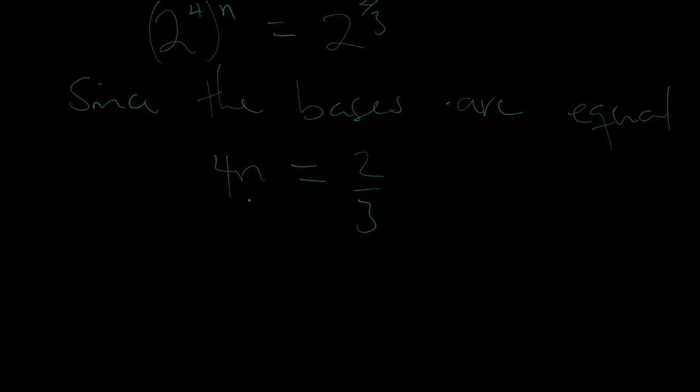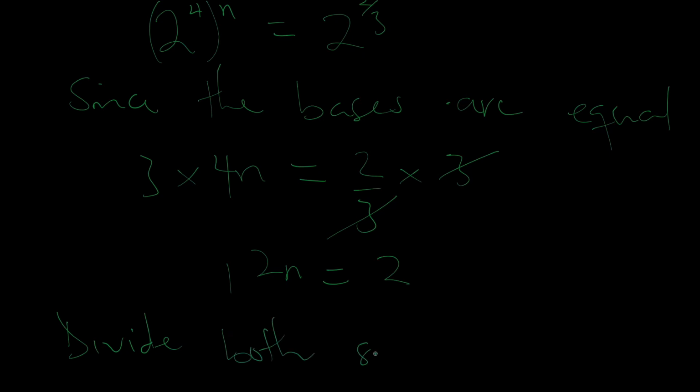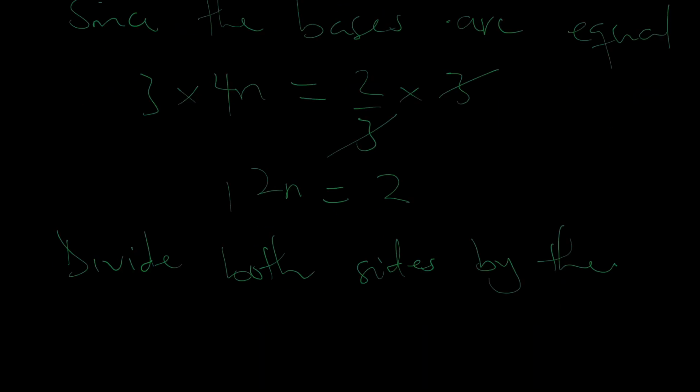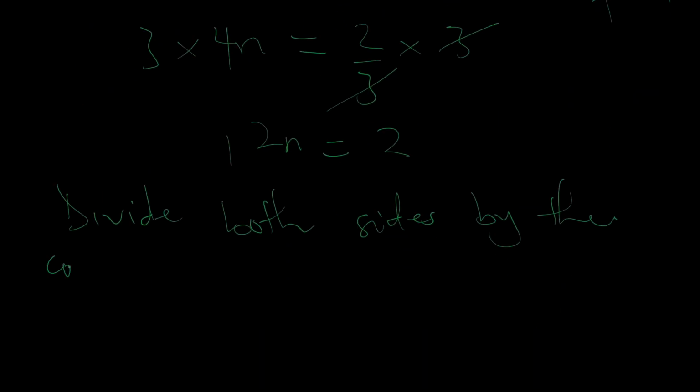Now to make n the subject, we multiply here by 3 and here by 3. 3 cancels 3, we have 2, then 12n. Now we divide both sides by the coefficient of n, which is 12.